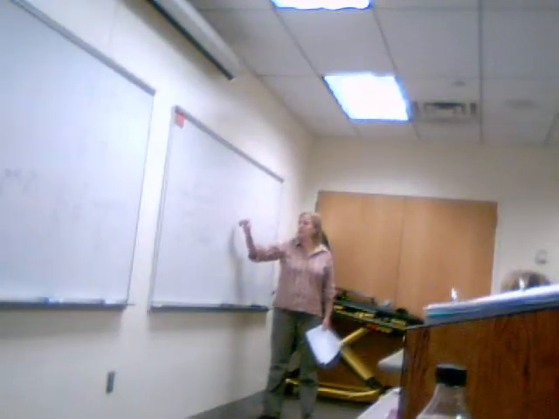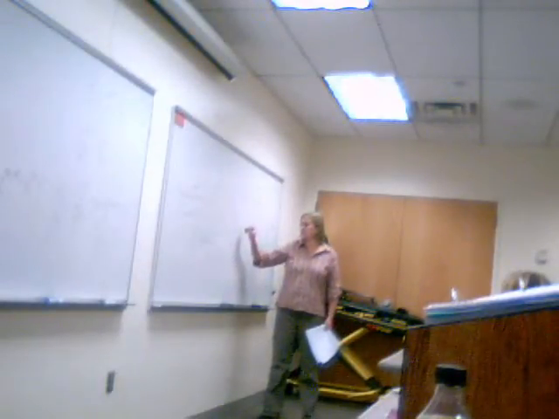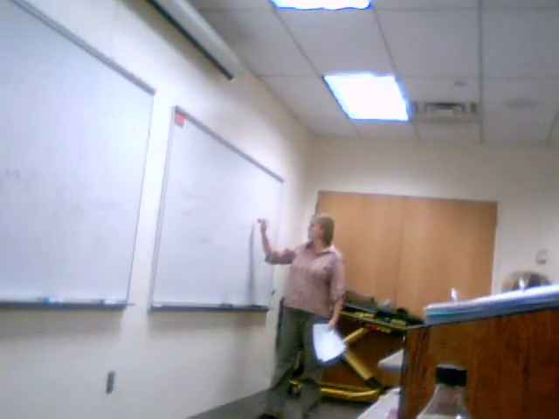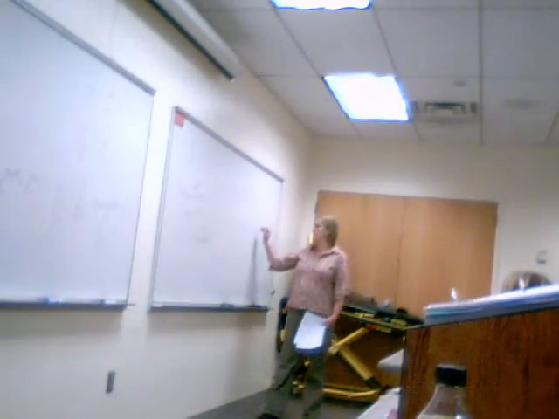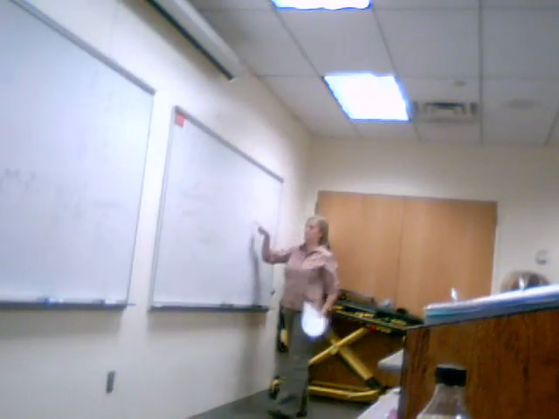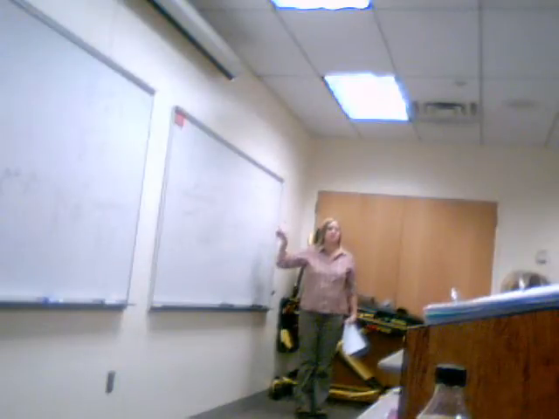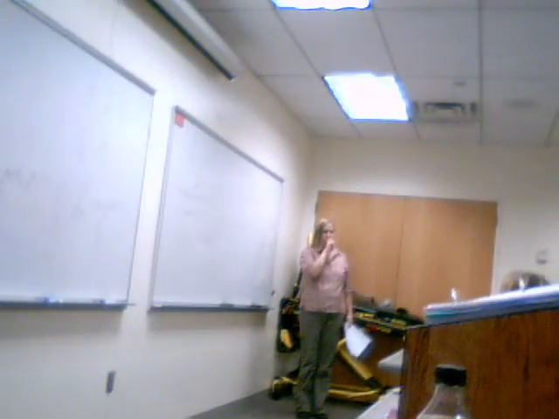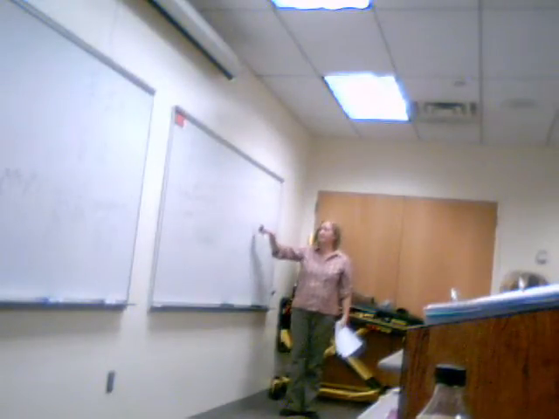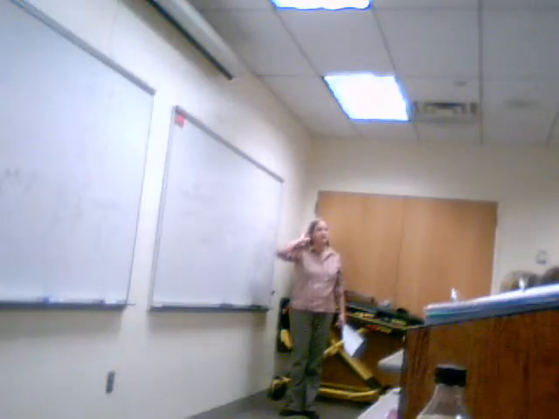So if I wrote 4x squared plus 2y plus 3 plus whatever to a 0 power, it's 1. Anything raised to a 0 power is 1, except 0. It doesn't matter how much I have in the parentheses. If the 0 is the exponent, the answer is 1.